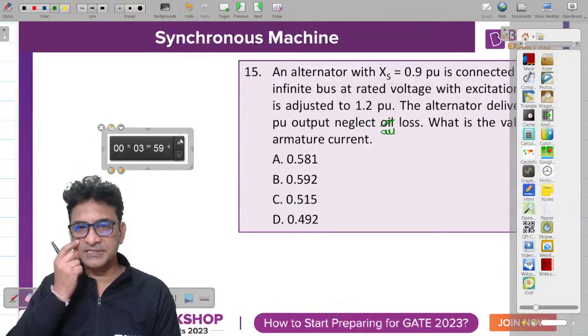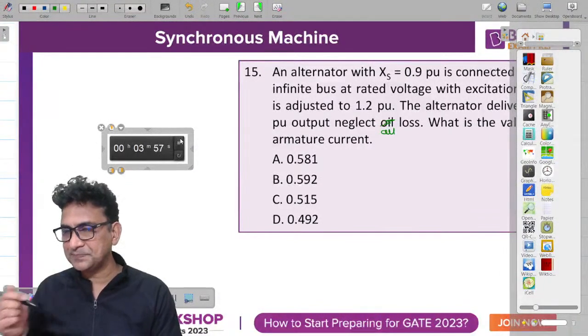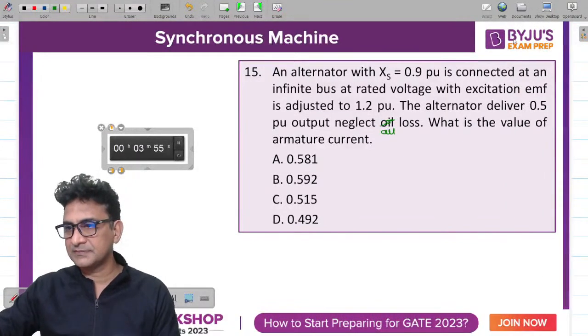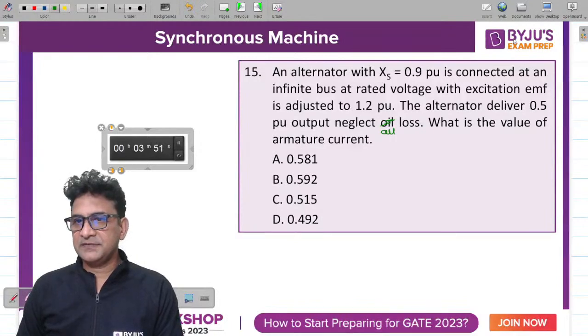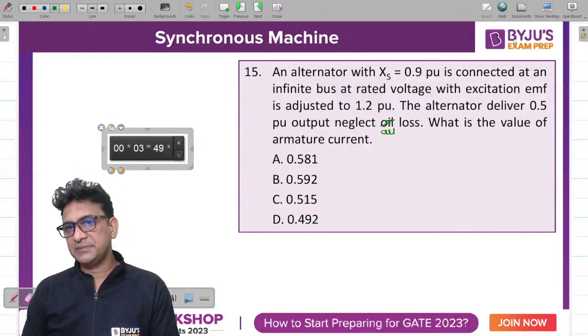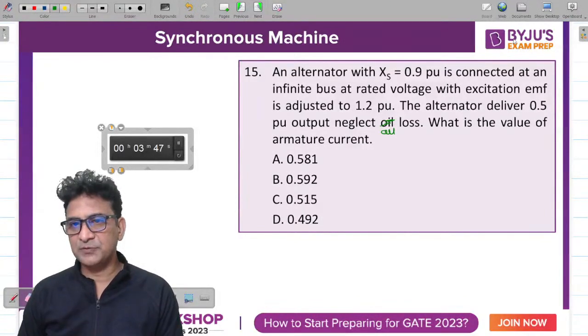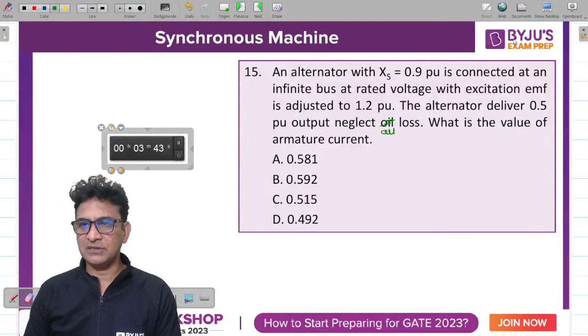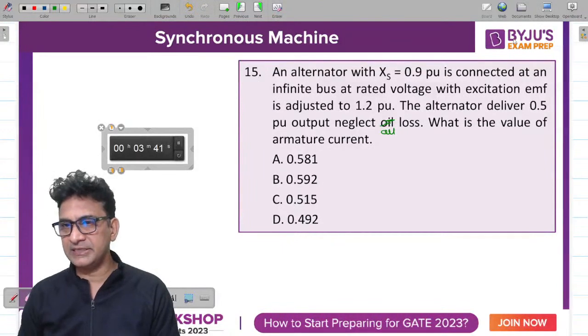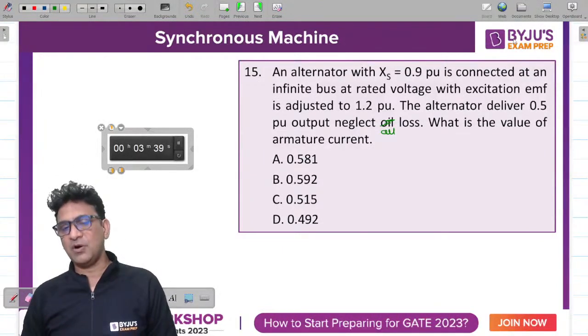Okay, this is the last question. I am giving 4 minutes. Synchronous reactance is given. It is connected with the infinite bus bar, meaning the terminal voltage is equal to 1 pu. Ef is 1.2 pu. Neglect all the losses. The alternator delivers 0.5 pu output power.